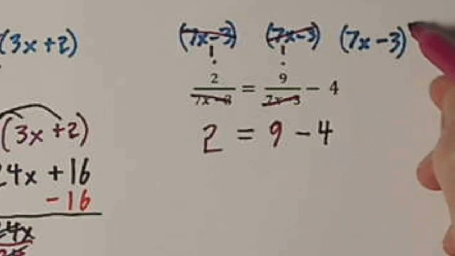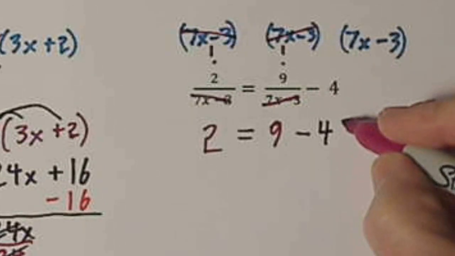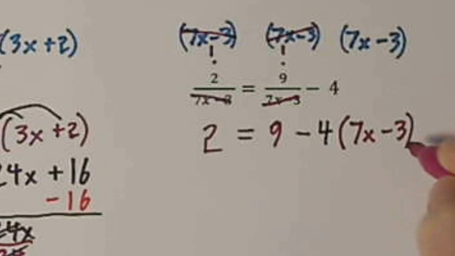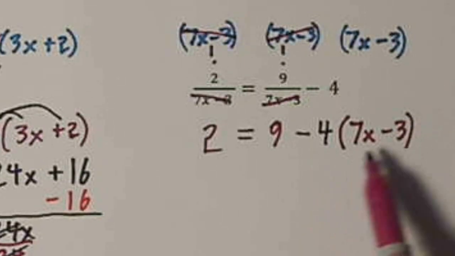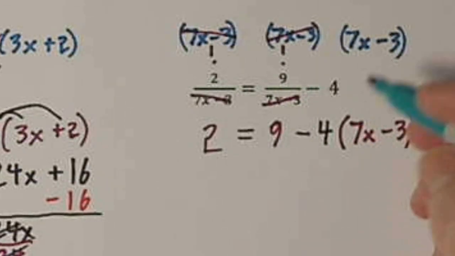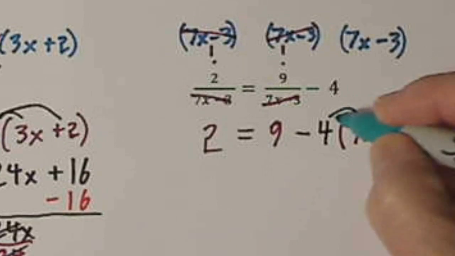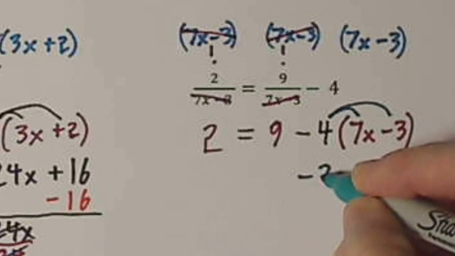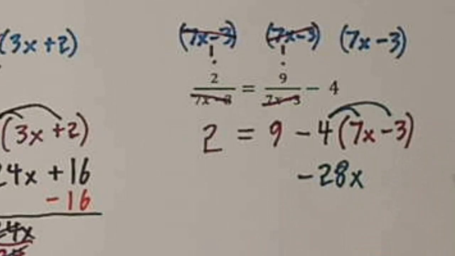And nothing cancels this out, so the 4 is going to have to multiply both terms. So we'll do that first off. Let's send in our negative 4. So that gives us negative 28x plus 12.